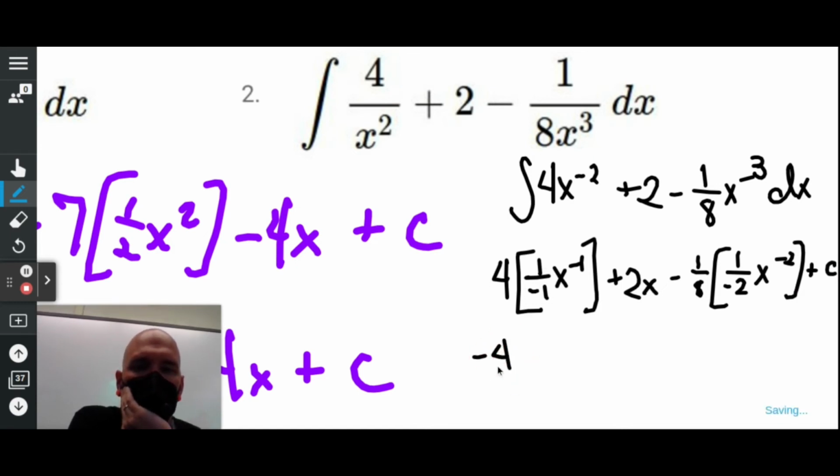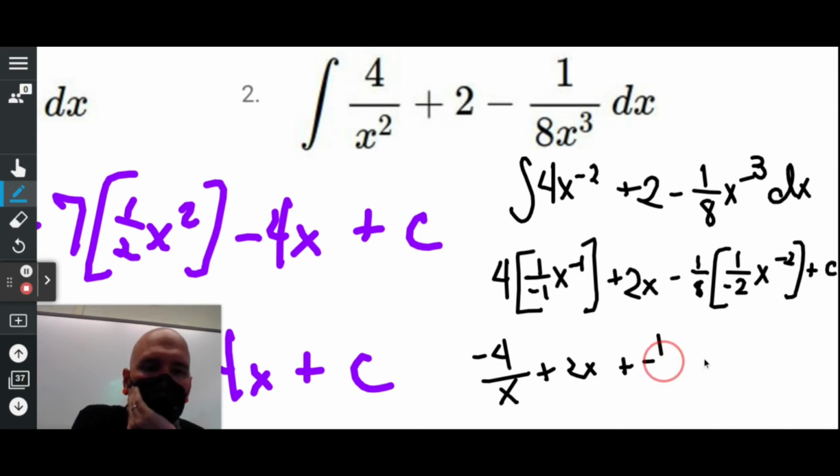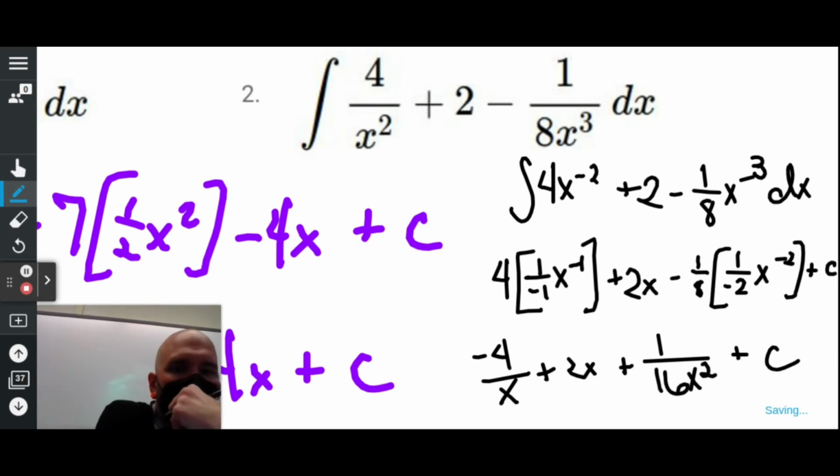I'll just put that right over x because I can. Plus 2x. Let me see. Negative 1 over 8 times negative 1 over 2 is positive 1 over 16. And then let's move that x to the bottom where Drake started.